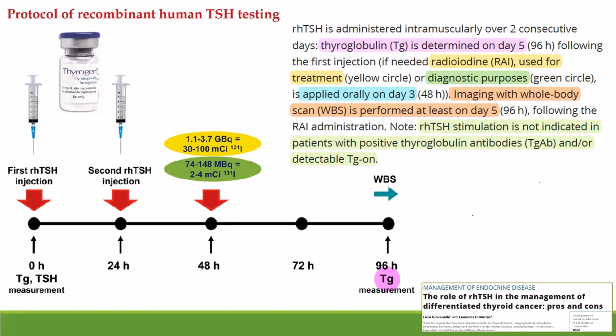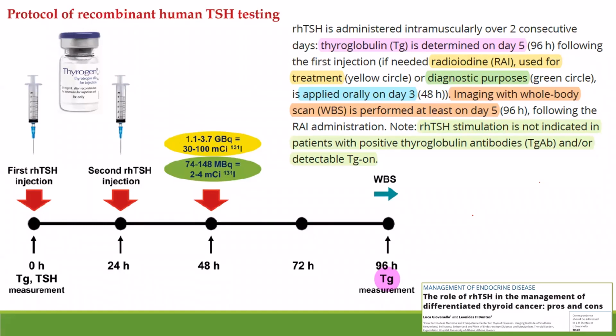The whole body scan, if we do whole body scan, we will do it on day 5. Also, we will assess TG measurement on day 5. So, thyroglobulin is determined on day 5.